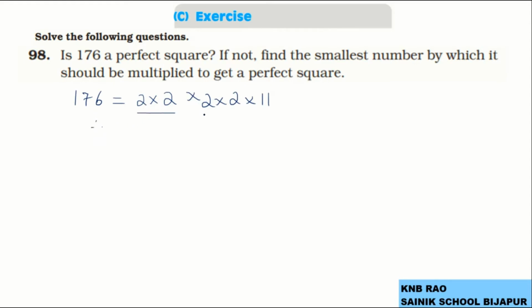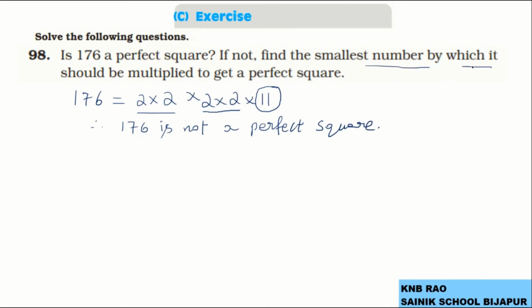Because here the prime factors 2 are in pairs, but the prime factor 11 does not have its pair. So we say 176 is not a perfect square. Then find the smallest number by which it must be multiplied to get a perfect square.